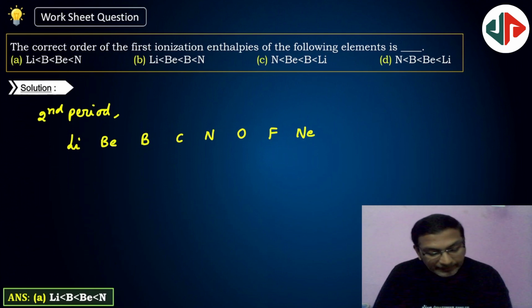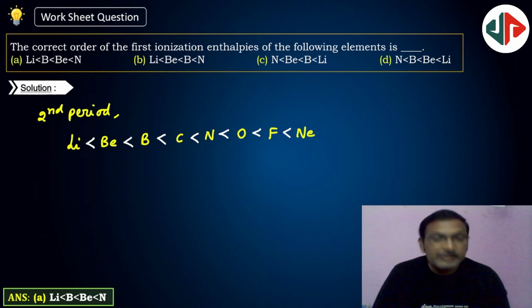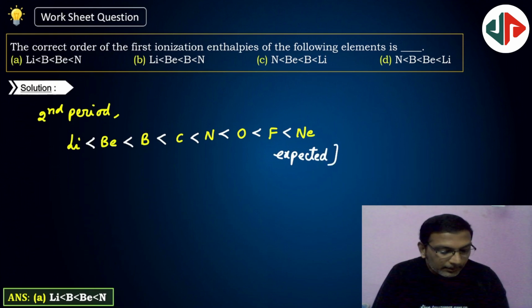So clearly, in a period from left to right, ionization energy generally increases. This is the expected order.